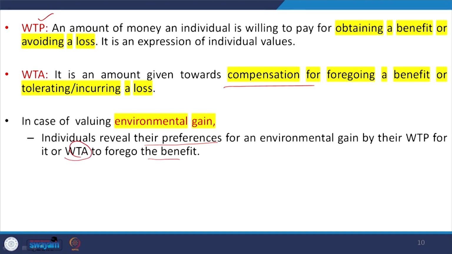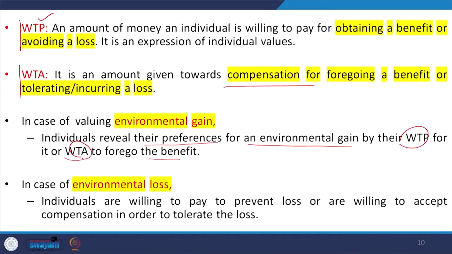So, now see the basic meaning of willingness to pay and willingness to accept, and how for a particular environmental gain these two terms are used. Both terms can be used in case of environmental gain.